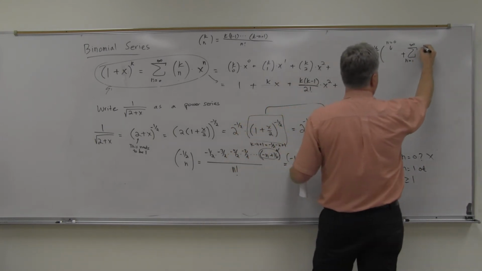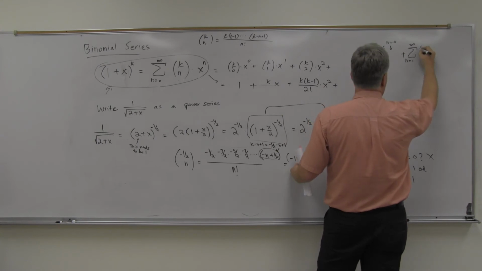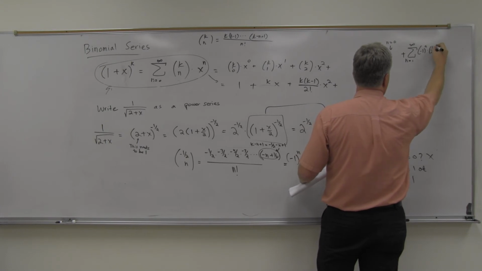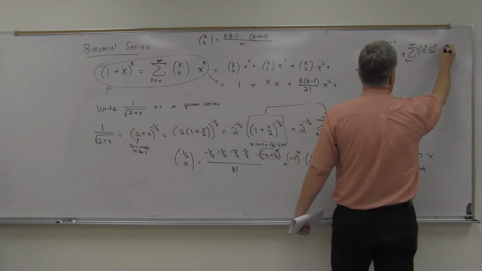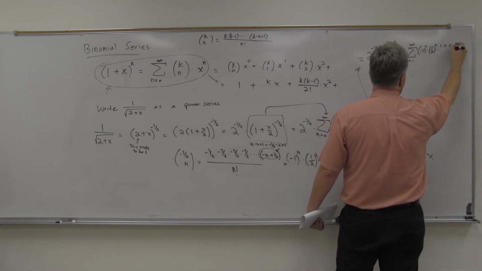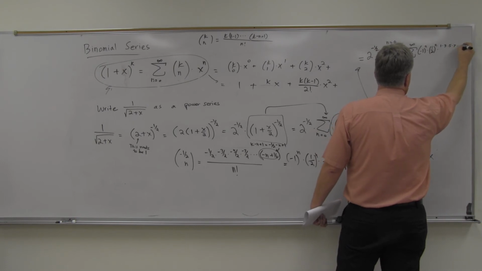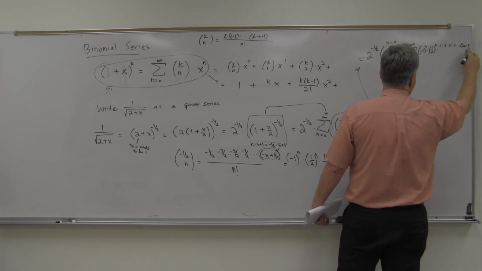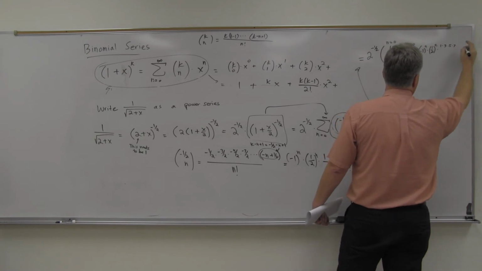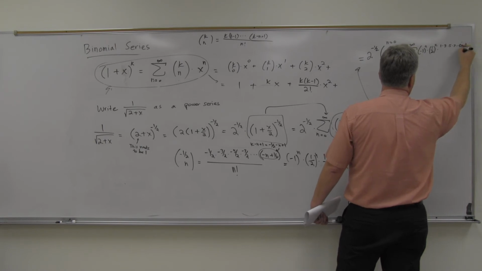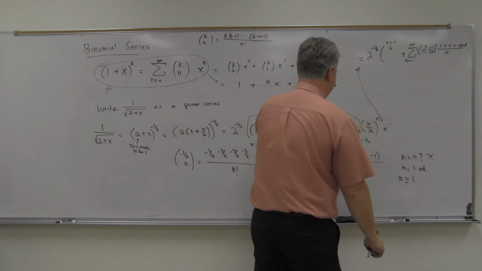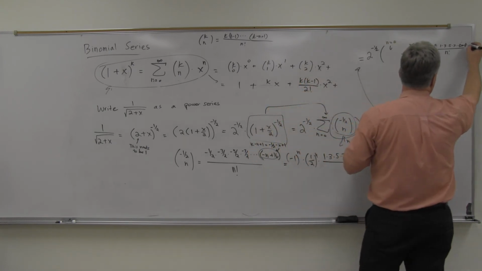So it'll be -1 to the n times 1/2 to the n times 1, 3, 5, 7, the odd ones, to get to 2n minus 1, over n factorial. What else do I have? x over 2 to the n.